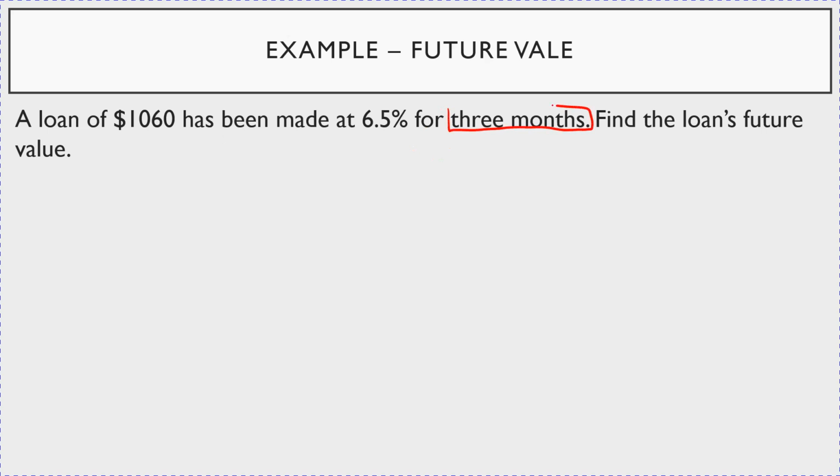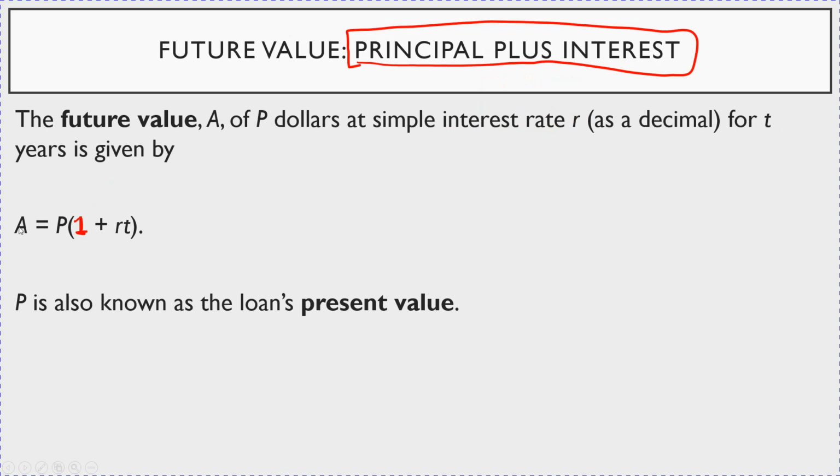Remember, T is number of years. But this is 3 months. Ugh, I'm not sure how to handle this. All right, so obviously, I'm going to tell you. Find the loan's future value. So that's just going to be this formula: A is equal to principal times 1 plus the rate times time.